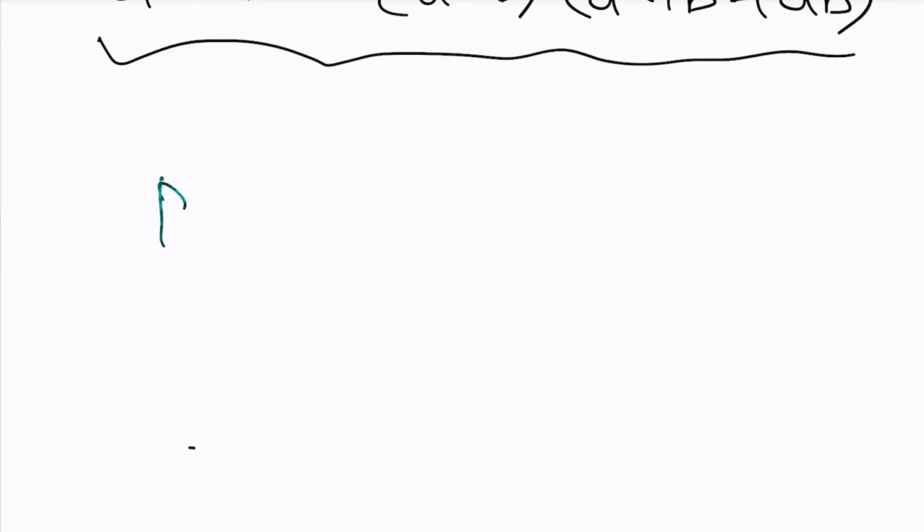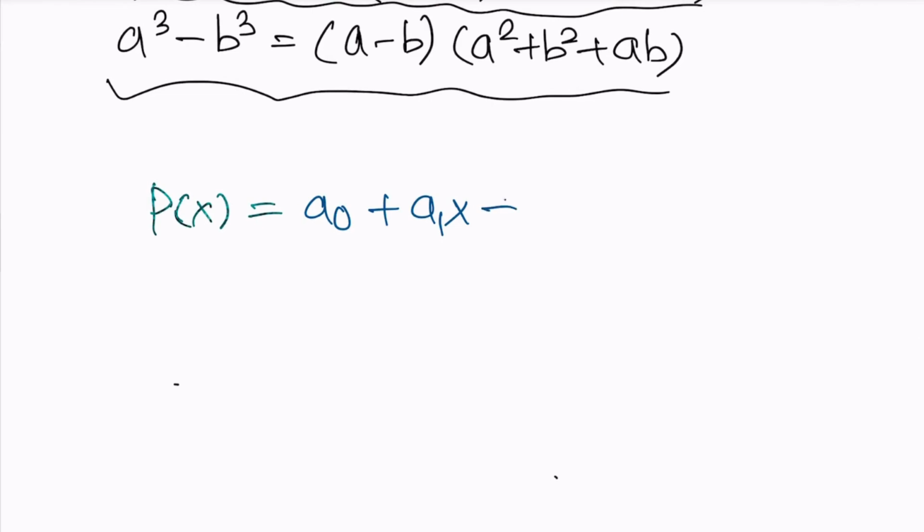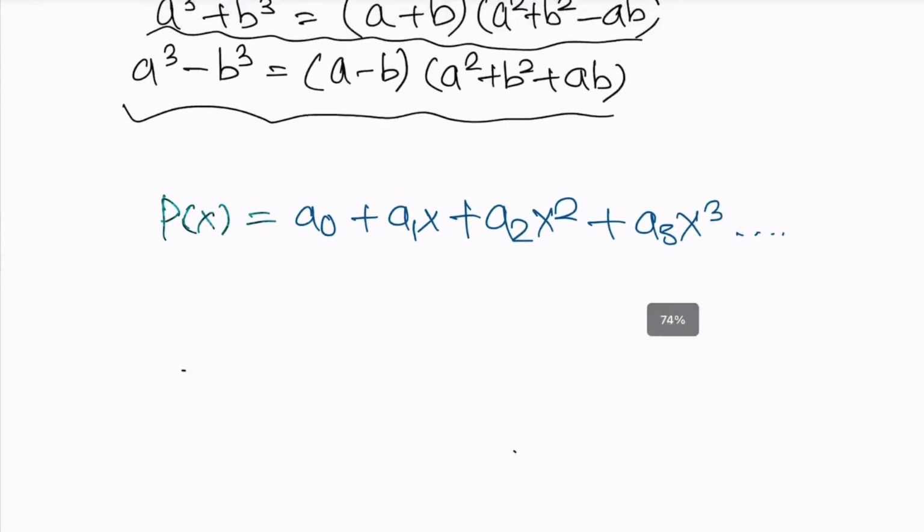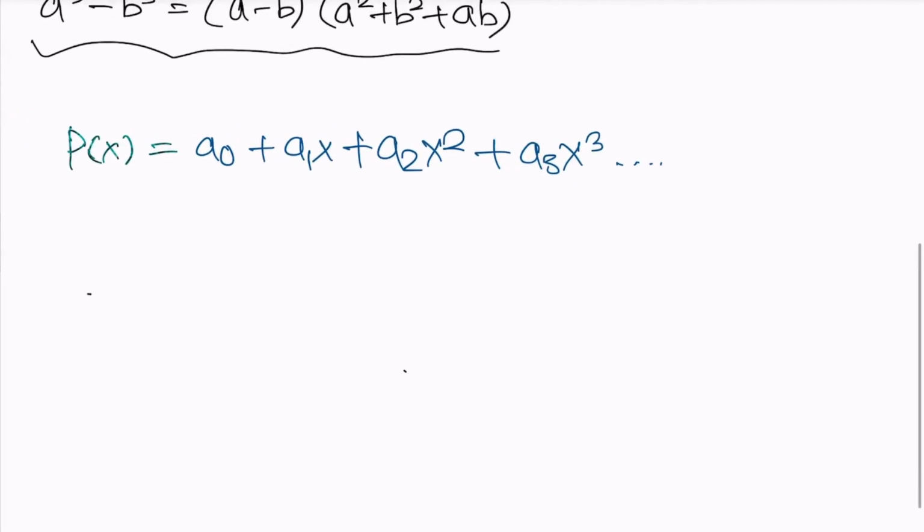So P of x is equal to, okay, let me write in blue, a naught plus a1x, let me zoom out a little bit, a2x square, a3x cube, and so on all the way until an x raised to n.